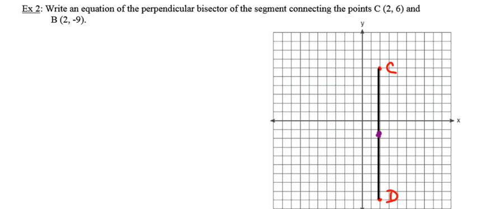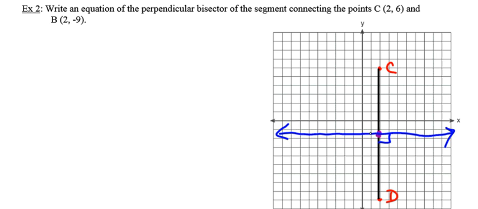-1.5. So in order to be the perpendicular bisector, again, it's going to have to first of all pass through that purple midpoint. Second of all, be perpendicular to line segment CD. Since line segment CD is a perfectly vertical line segment, I know that its bisector is going to have to be perfectly horizontal.